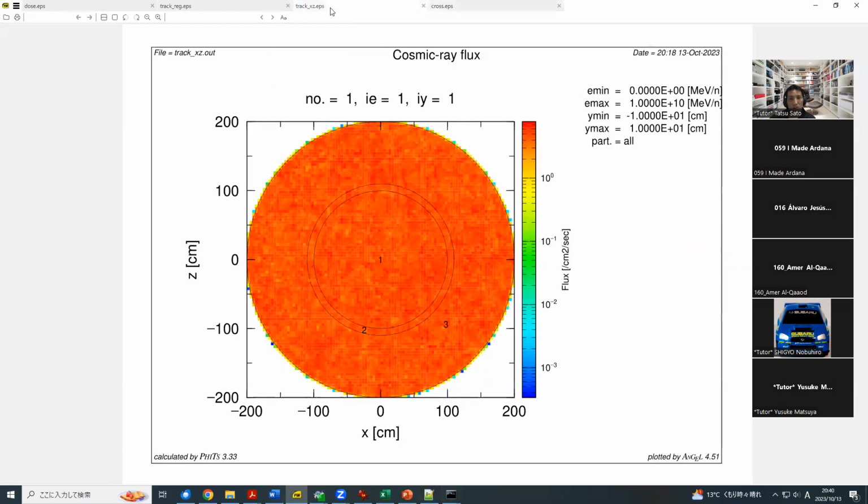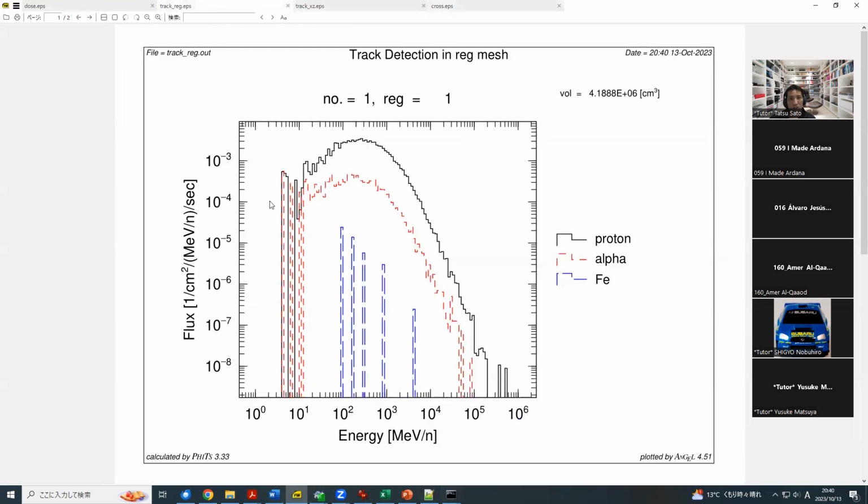So now I see protons, alpha, and the ion. But generally, the cosmic ray is dominated by protons. So proton flux is, as far as I remember, 90%. Alpha particle is roughly 9%. And other ions are only 1%.